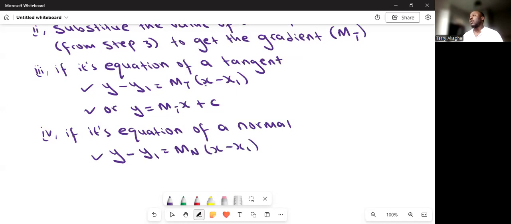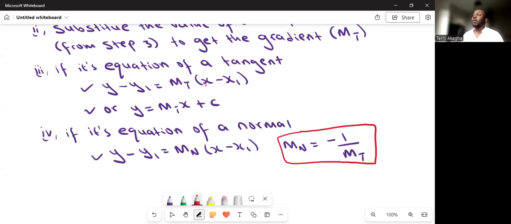So in this case, mn is equal to minus 1 over mt. So the mt you got from step 2 here is how you get the mn. So mn is the negative inverse of that. Some textbooks usually write it as mn mt is equal to minus 1. So sometimes you could see it like this. It's exactly the same thing.